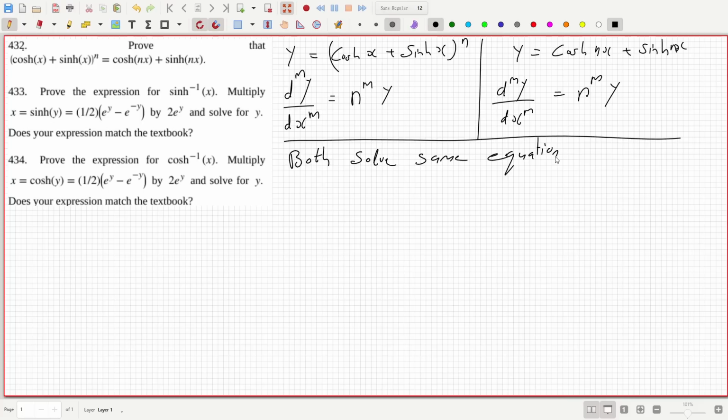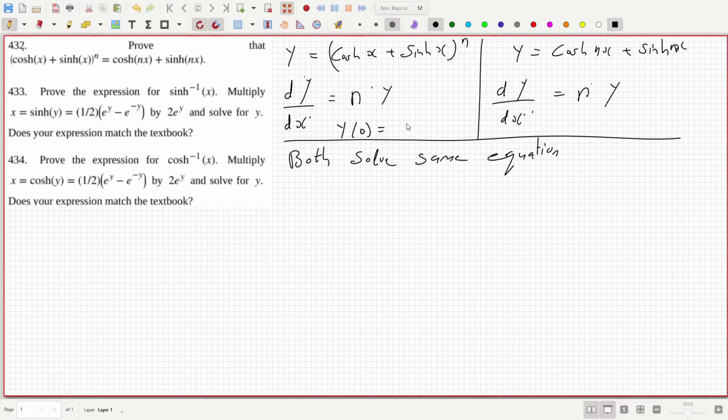Yeah. I mean, you could make the m 1, and so if they both solve it, you just need to show that the c is the same. They're both the same initial value. So on the left, y(0) will be cosh 0 plus sinh 0, to the power n.